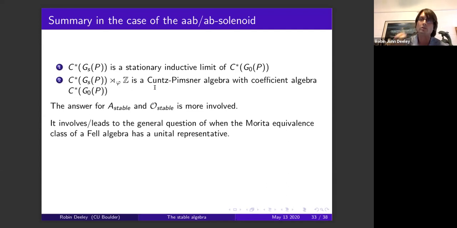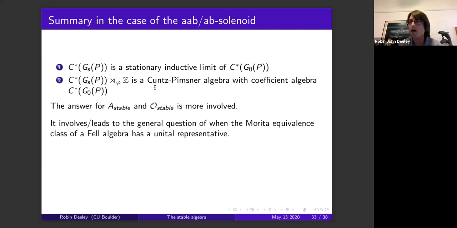Is there a unital C-star algebra Morita equivalent to that given C-star algebra? In our case, the AAB/AB solenoid, you can make it. But seeing in general how this is dynamically relevant is still a work in progress. So that's what Magnus and Alan and I are working on right now over the summer.